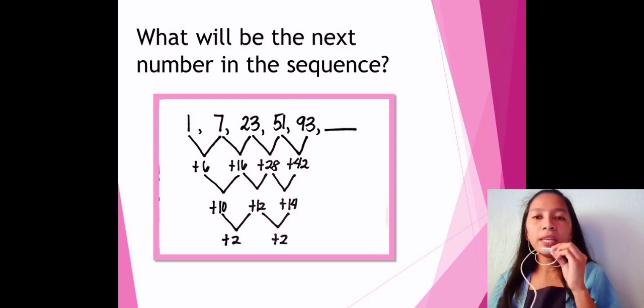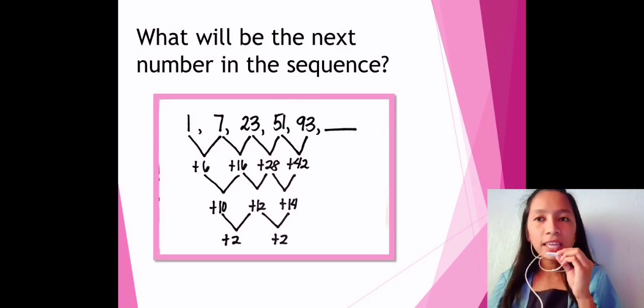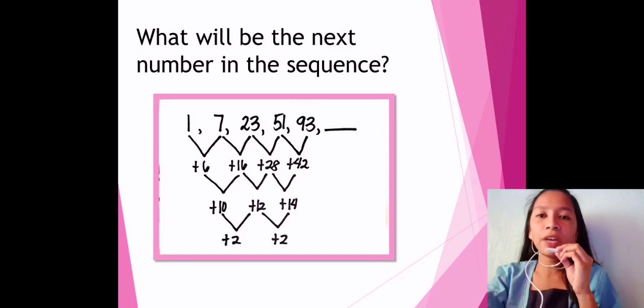So, una ang gagawin natin, maghahanap tayo, ano ba yung difference between 1 and 7, 7 and 23, 23 and 51, 51 and 93. 7 minus 1 is 6, so 6 yung difference nila, and then 23 minus 7 is 16, 51 minus 23 is 28, 93 minus 51 is 42.